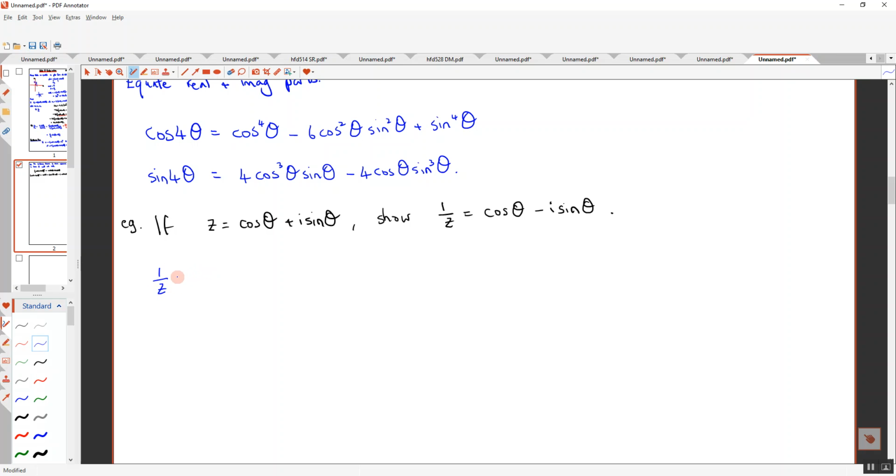Okay. Well, we know that 1 over z is the same as z to the power of negative 1. And using De Moivre's, if I'm going to do z to the negative 1, all of this to the negative 1 is just going to be cos of negative 1 times theta plus i sine negative 1 times theta.